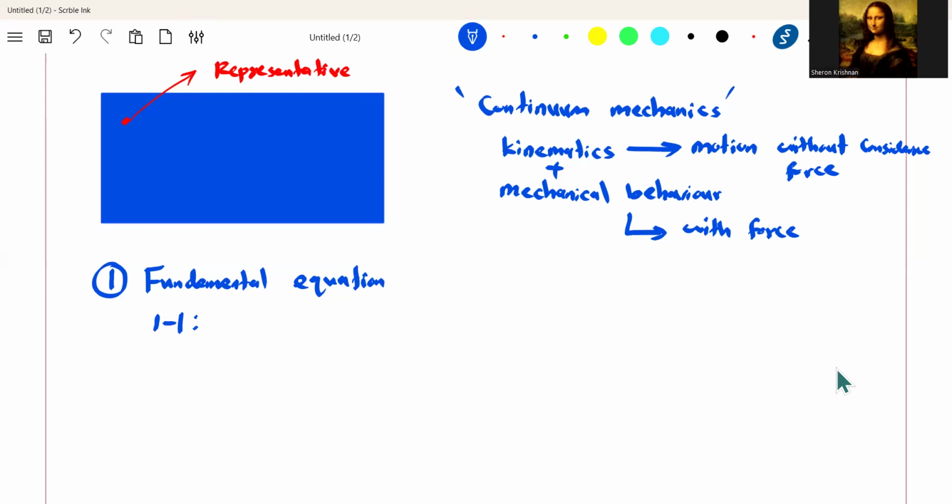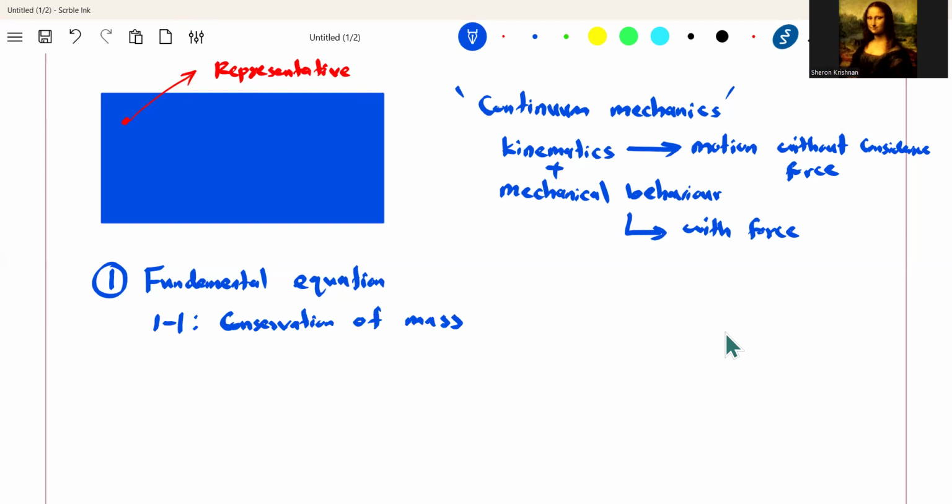Conservation of mass, or you can say the balance of mass.